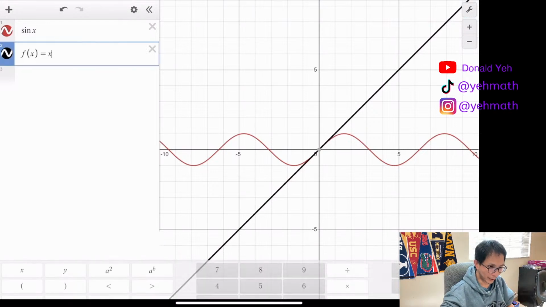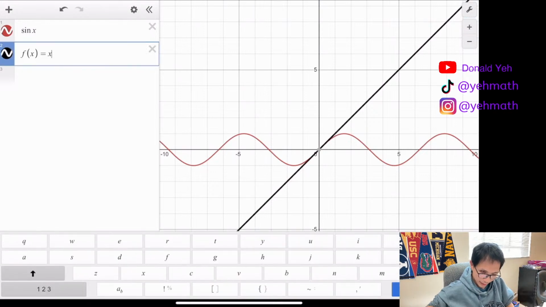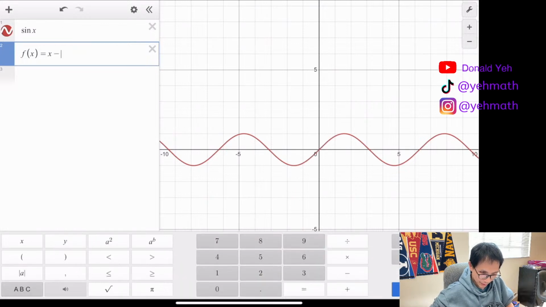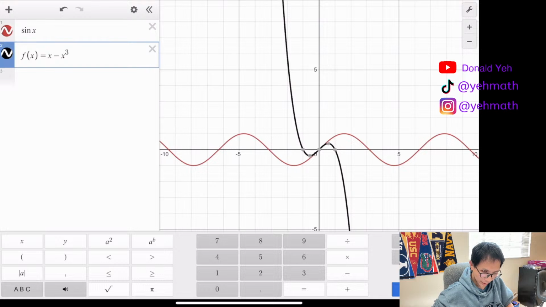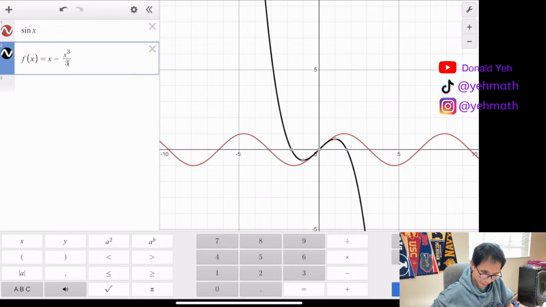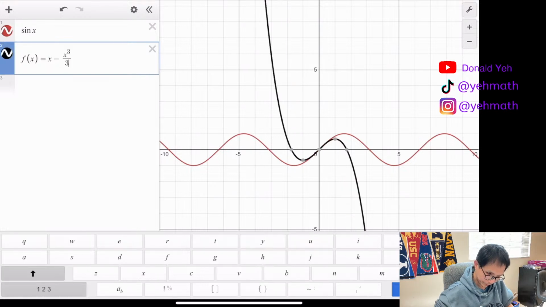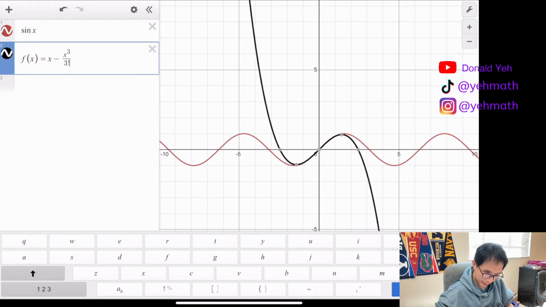If you go into here, you say, okay, well, let's add some terms. I'm going to subtract the second power series term, the second iteration, and that's going to be x cubed over 3 factorial. And you see it starts bending toward looking more like sine.